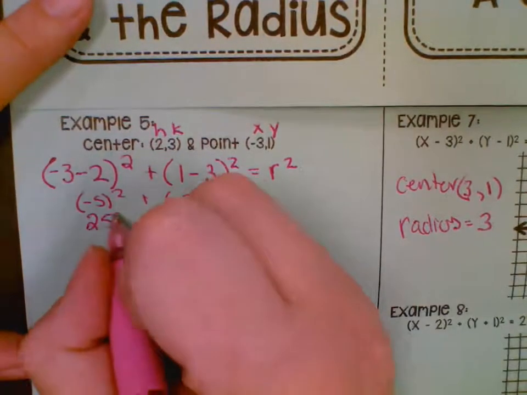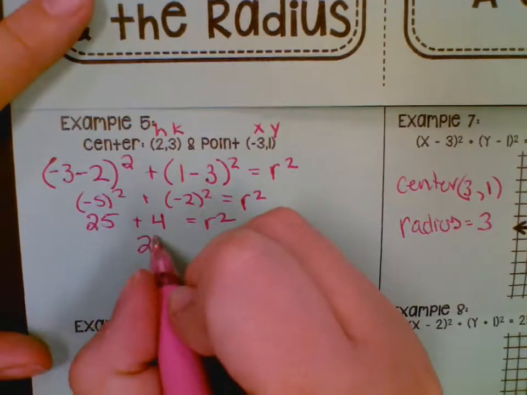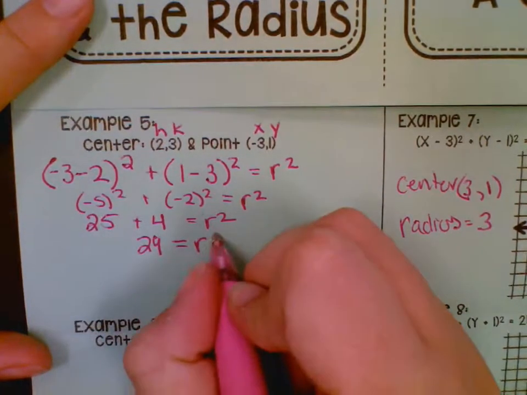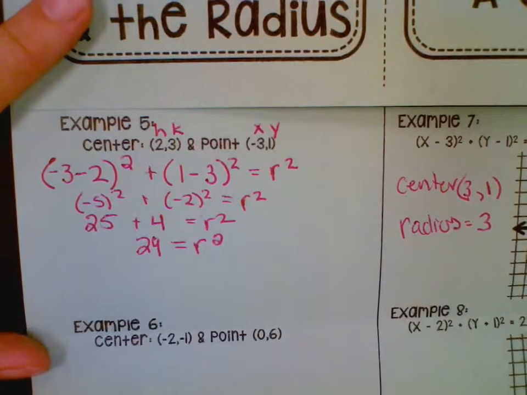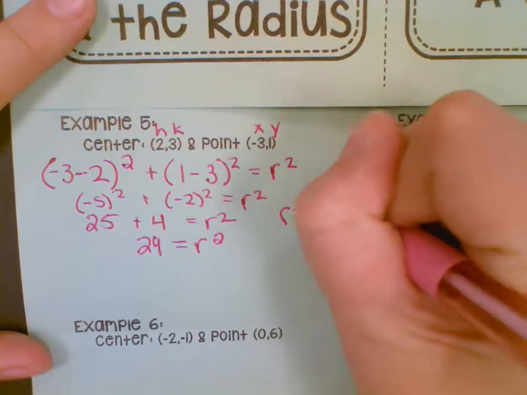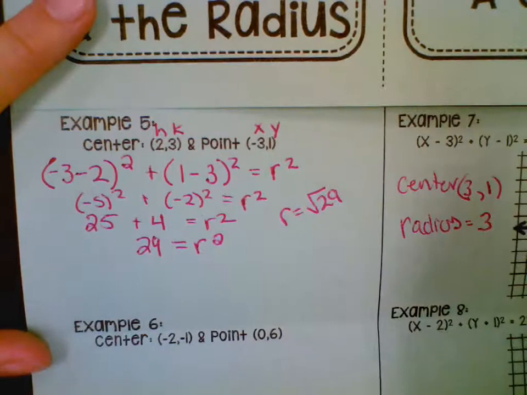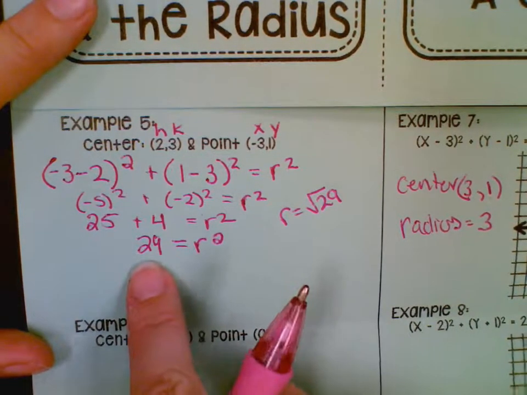Remember, when you square a negative, it always turns out positive. So we get that r squared equals 29. So if we were going to graph, you would want to take the square root of both sides so that r is actually equal to the square root of 29, which is some random decimal. But since our formula requires r squared, I'm just going to leave it just like this.